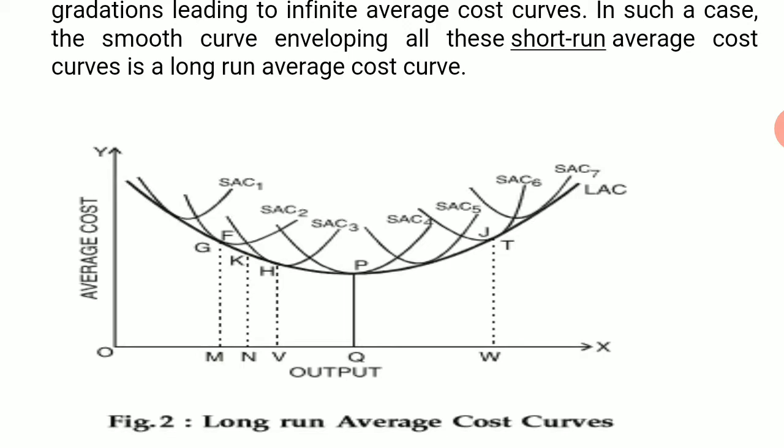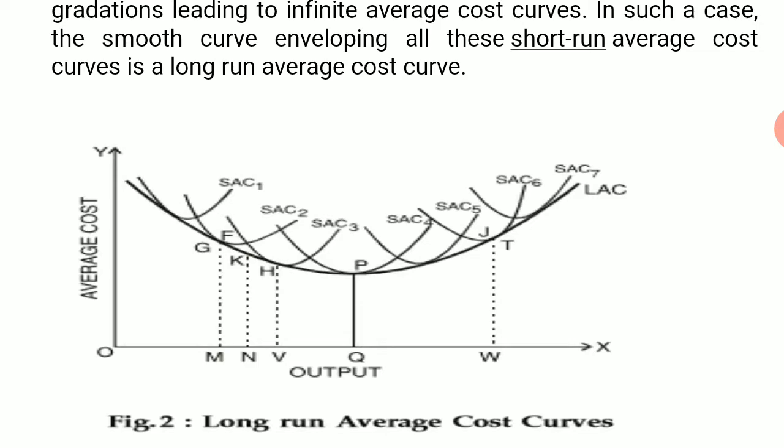From the second figure above, you can observe that the firm produces an output OM. The corresponding point on the long run average cost curve is G, and the corresponding SAC is SAC2. Therefore, the firm operates on SAC2 at point G. Similarly, the firm chooses the SAC based on its output requirement.